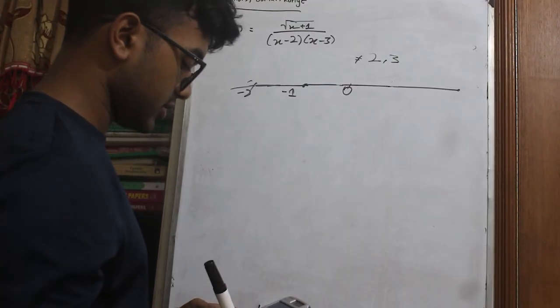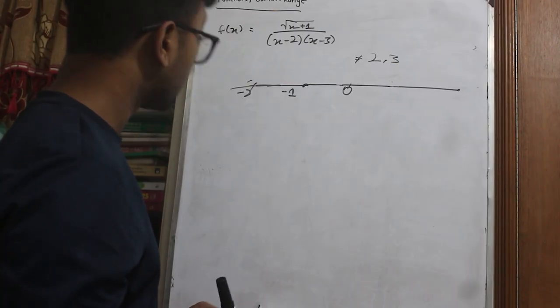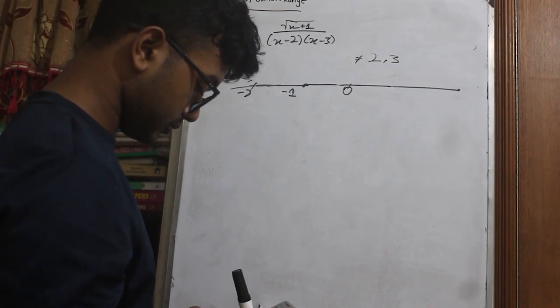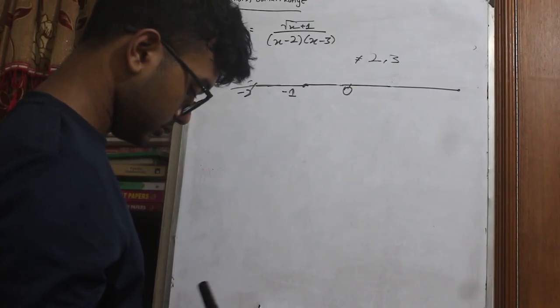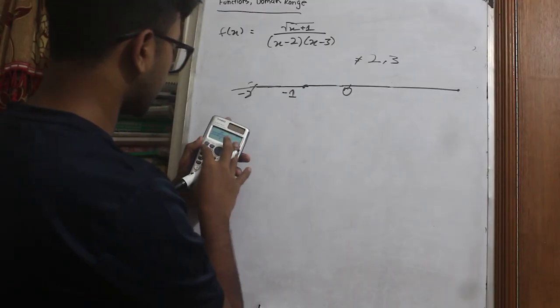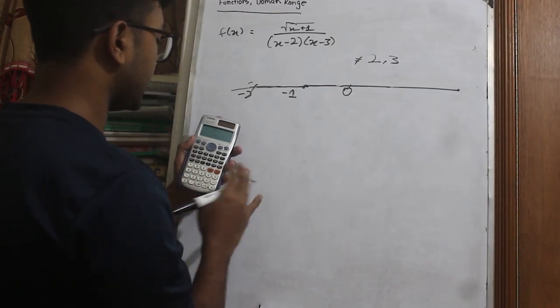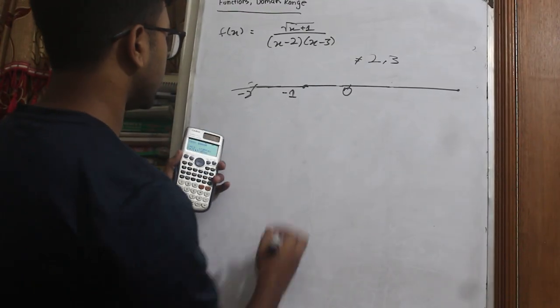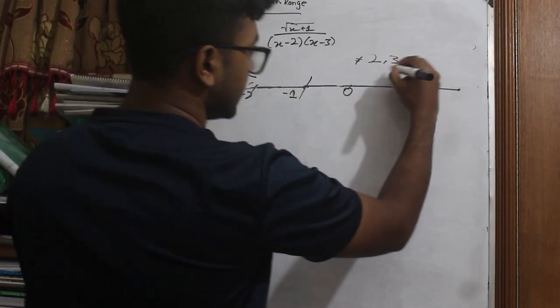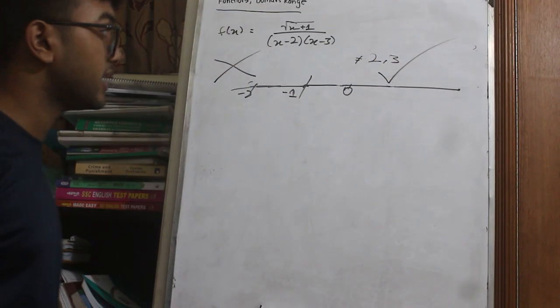We put minus 2, and we put 0. Since we put minus 2 or minus 3 or any number that is smaller than minus 1 and we didn't get a result out of it, obviously this part is going to be the correct answer.